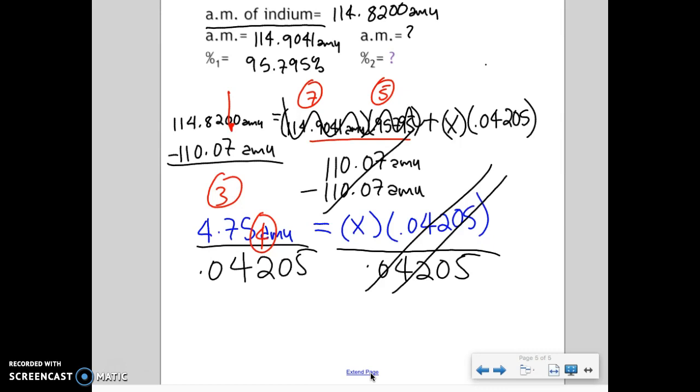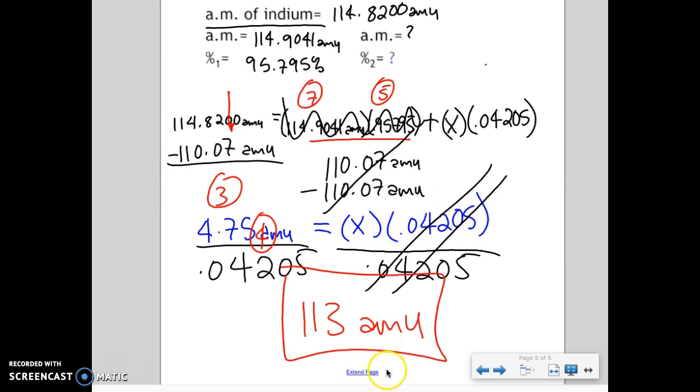I'm going to quickly do my math. 4.75 divided by 0.04205. And I get my answer with 3 significant figures as being 113 AMUs. That's the mass of the second isotope. Pause the video if you need to, redo the problem, but our work should look very similar no matter what problems we're doing.